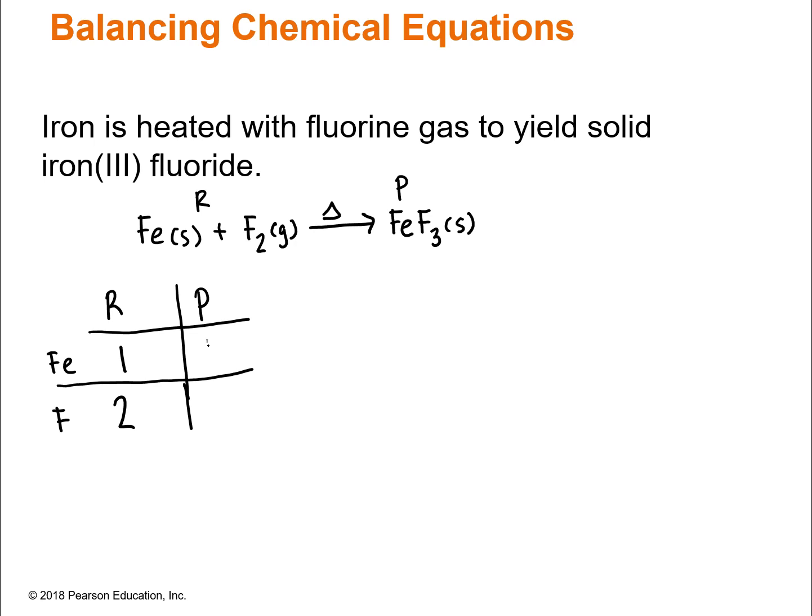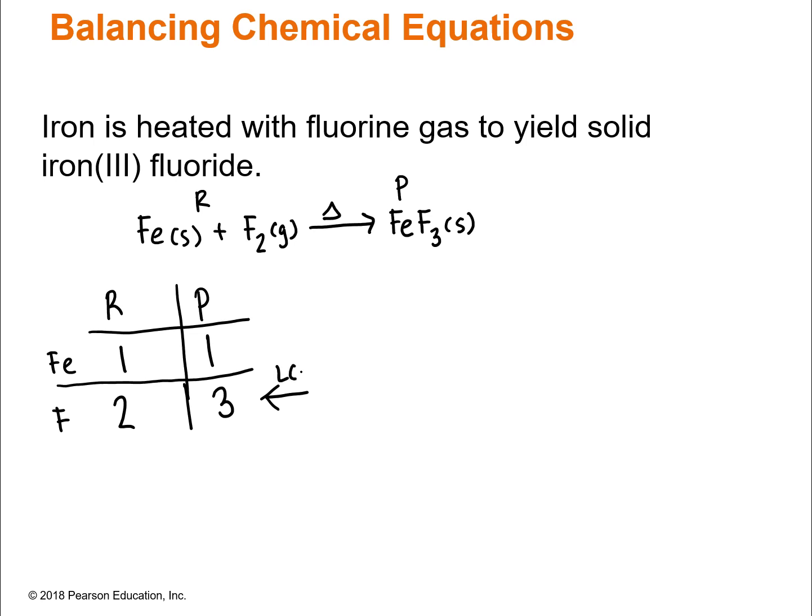On the product side, we've got 1 iron atom and 3 fluorine atoms. We're not balanced, so we've got to do something. We'll start here with the fluorine. Notice how I always choose the one that is the most complicated. In this case, the iron is already balanced, so the fluorine is the problem.